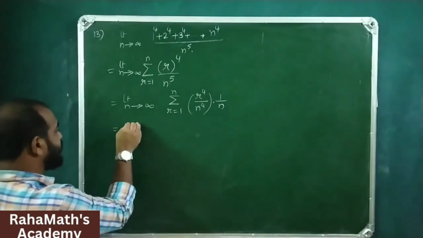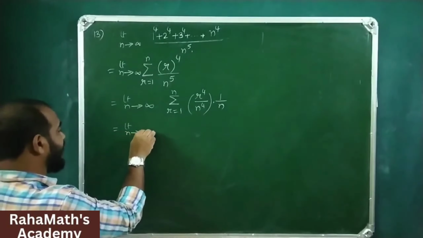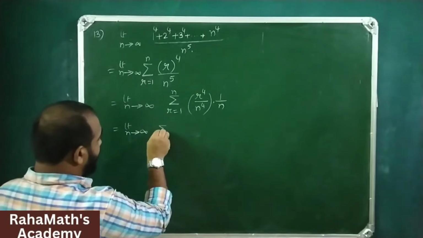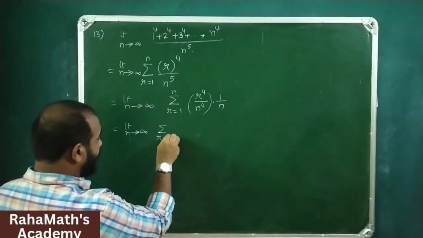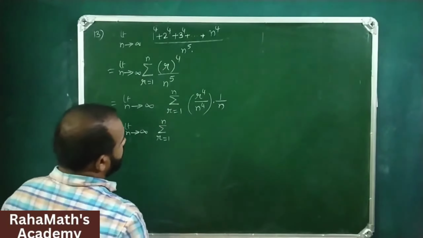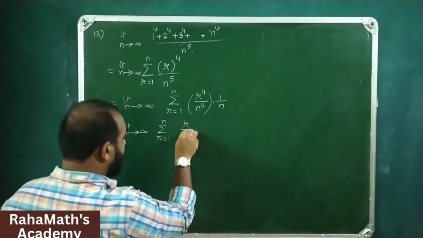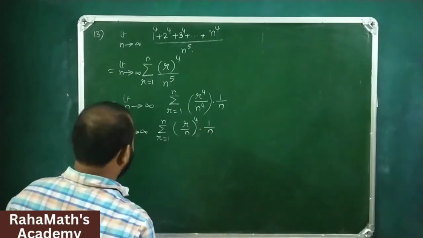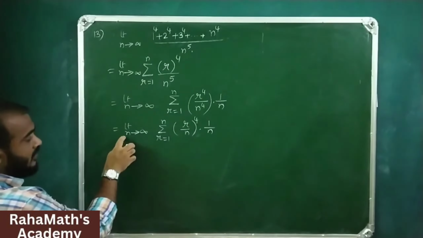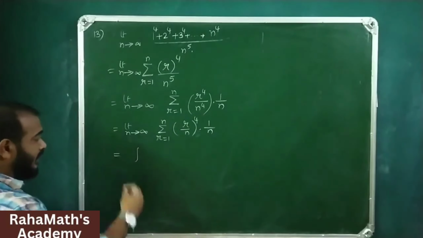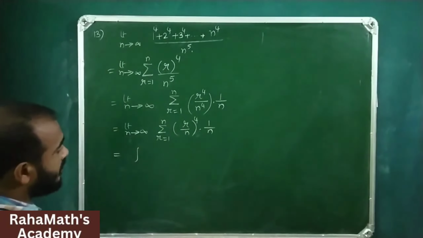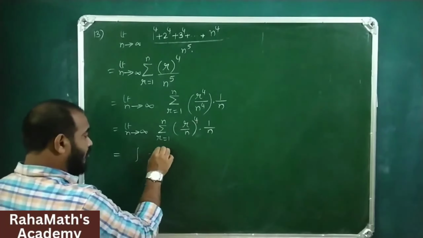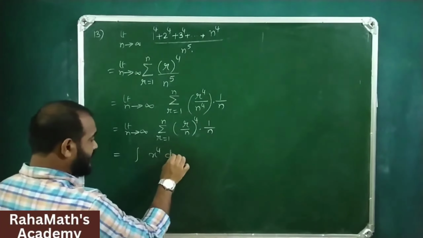So this is equal to limit n tends to infinity, sigma r runs from 1 to n, r by n whole power 4 into 1 by n. Now, limit n tends to infinity, sigma is the integral symbol, and this r by n whole power 4 is x power 4, 1 by n is dx.